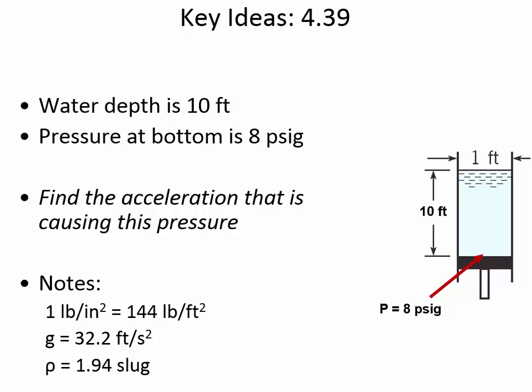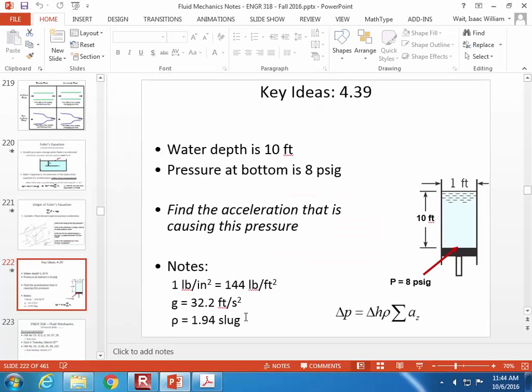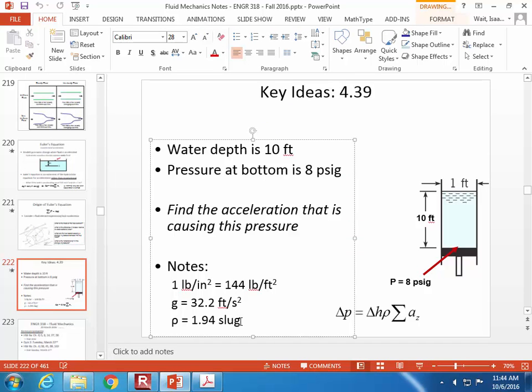We don't work in the traditional units very often, but just as a reminder, g is 32.2 feet per second squared, and the density of water is 1.94 slugs per cubic foot. That's something that we did see earlier in the semester.